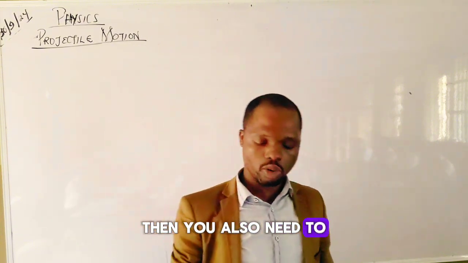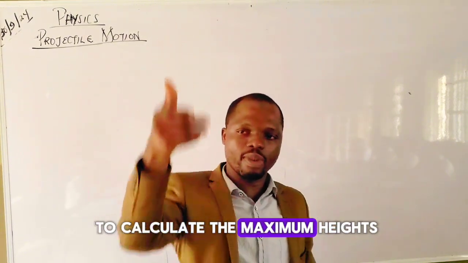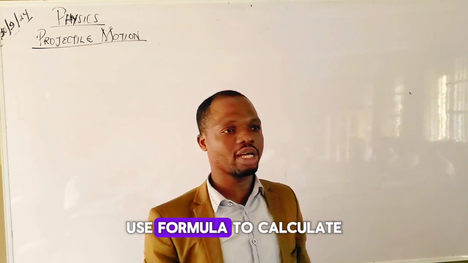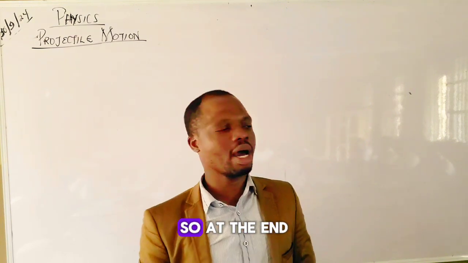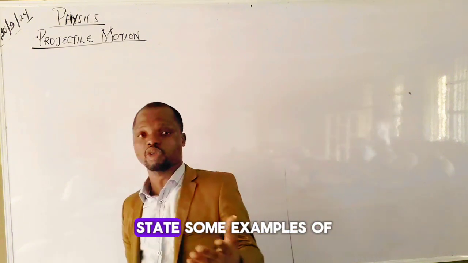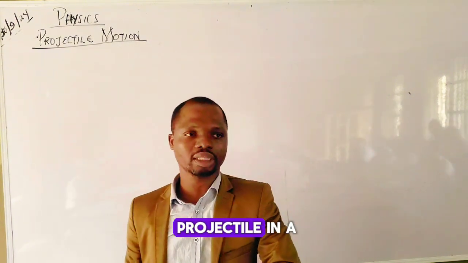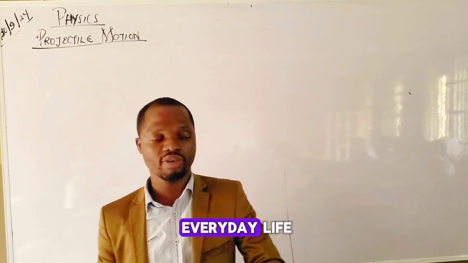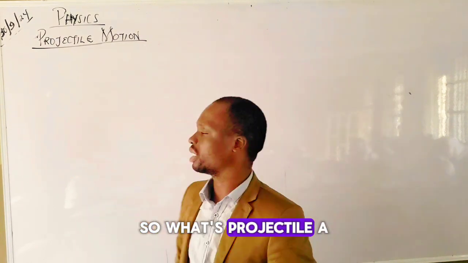You must be able to calculate the maximum height, the horizontal level, and use the formula to calculate the range. You should also be able to state some examples of projectiles in our everyday life.